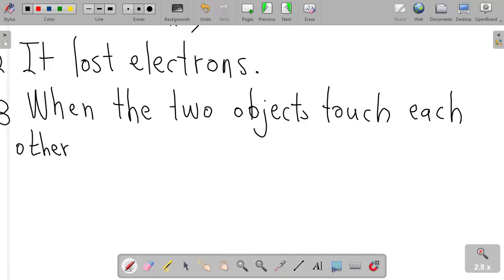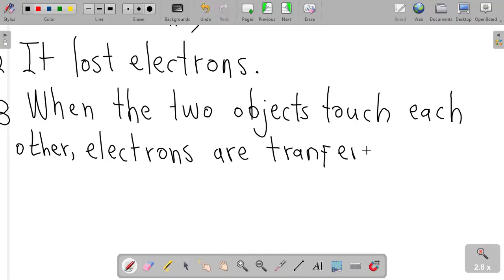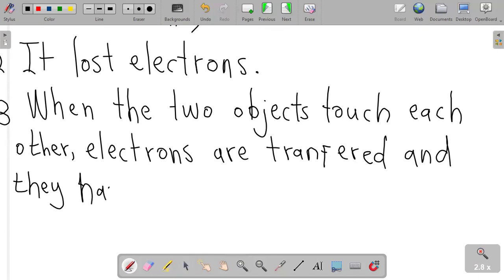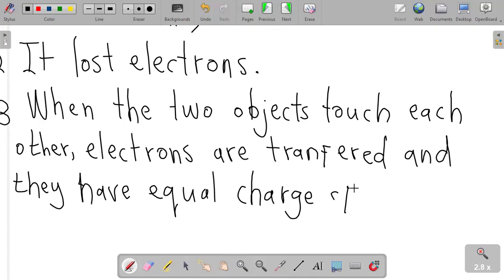When the two objects touch each other, electrons are transferred, and they have equal charge after.